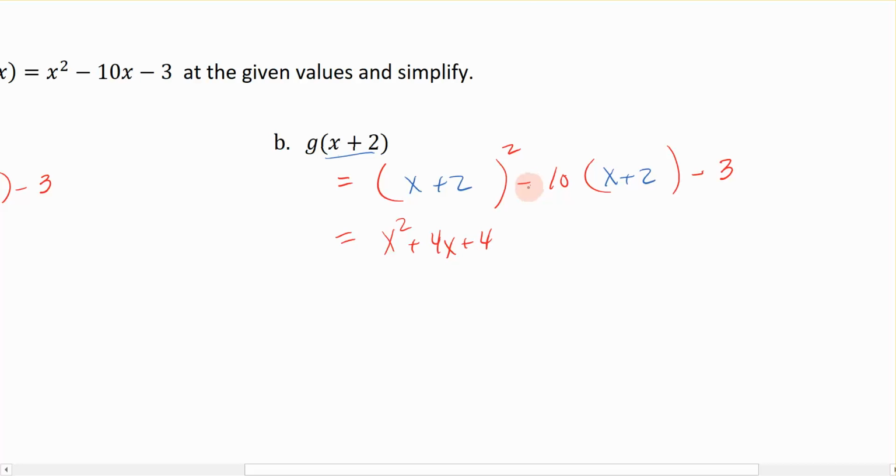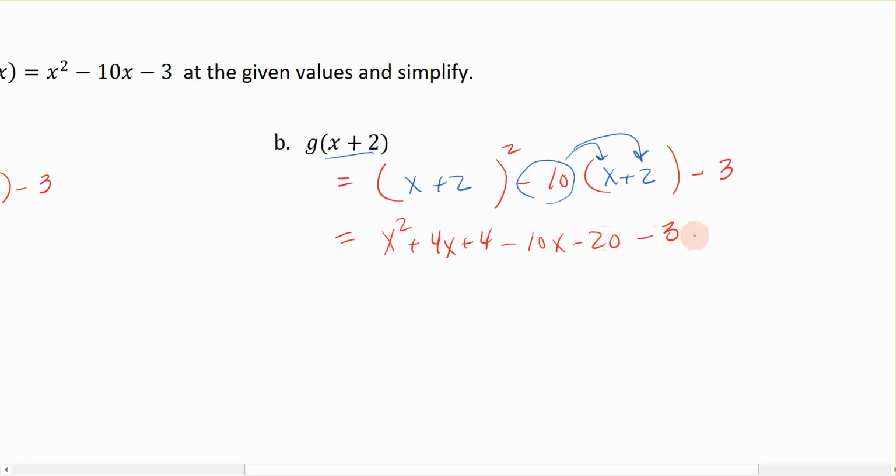Now we're going to take this -10 and I'm going to distribute the -10 inside of the parentheses to remove them. So I have -10 times x is a -10x, -10 times 2 is a negative, not positive, -20. And I have a -3 over here.